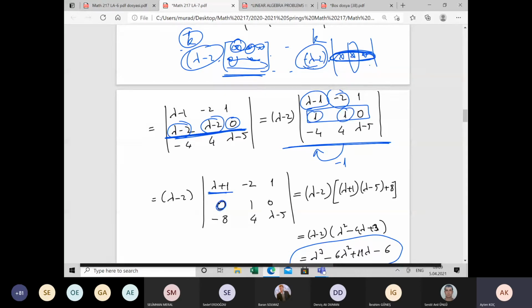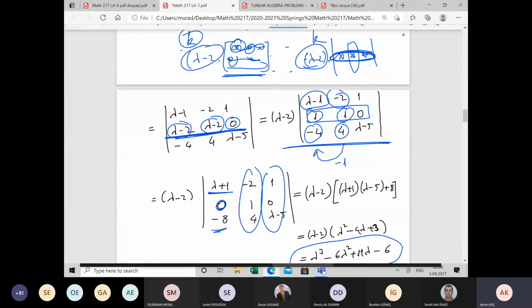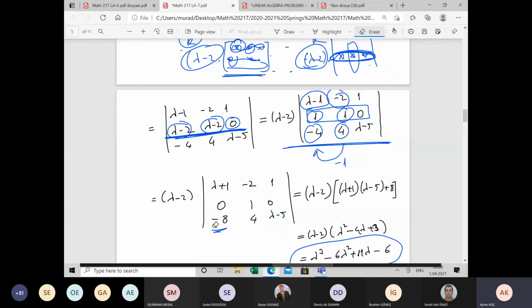So using the second row expansion, what's this one? And delete this row and column. Lambda -2. Entry here 1. Multiply by 1. And the sign of the position: plus, minus, plus, +1.